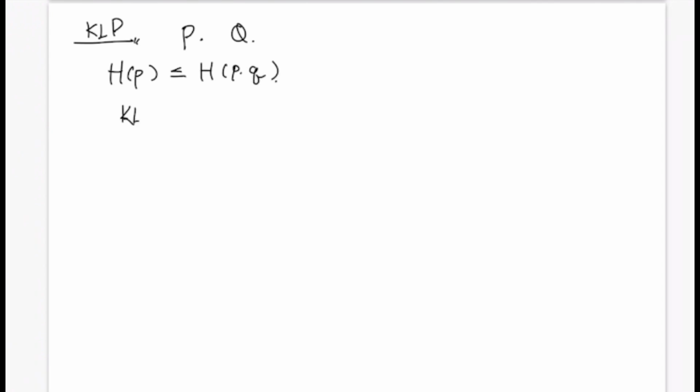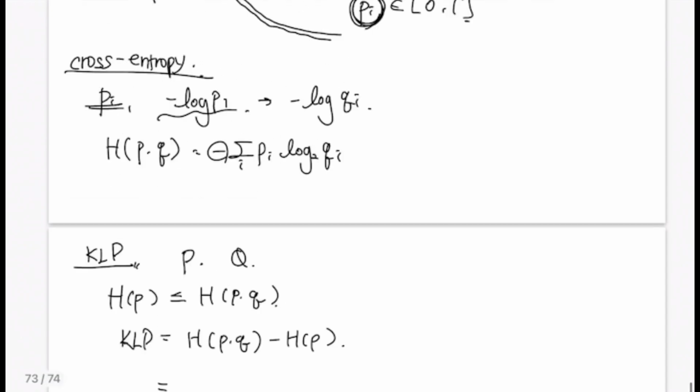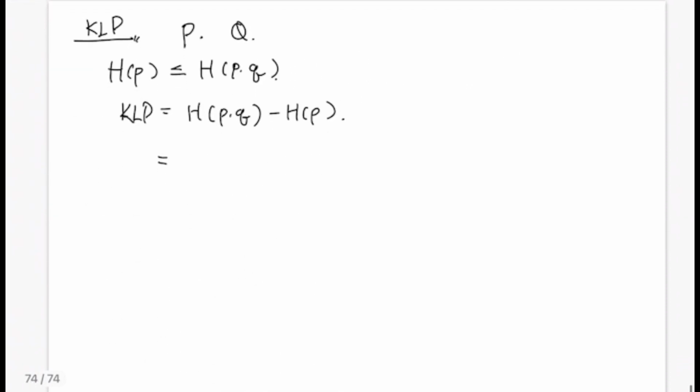So KL divergence can be written as H(P, Q) minus H(P). And according to the definition above, you can write this as summation of p_i log of p_i in the numerator and q_i in the denominator. So this is the definition of the KL divergence.